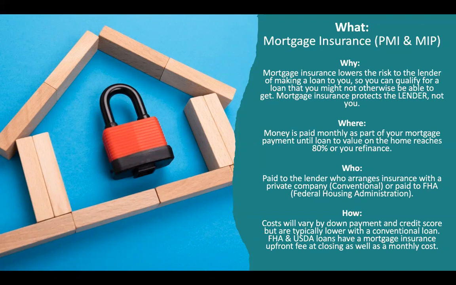Down payment is one of those, your credit score is another, but keep in mind that the mortgage insurance is to protect the lender, not you. It's a monthly expense, or in the case of the mortgage insurance premium for that FHA loan, there's actually an upfront mortgage insurance cost, as well as with the USDA loan. There's an upfront one at the time of closing, in addition to a monthly cost.